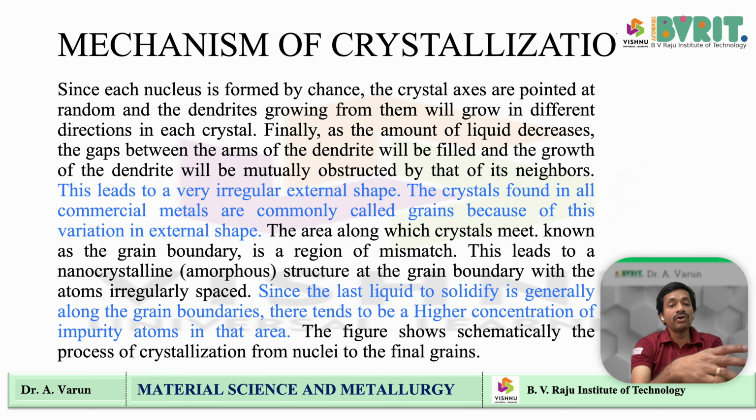So grains are growing along different axes, and from one grain to another, the only difference is in the orientation of their axes. The last thing to solidify is the leftover in the grain boundary. This is a mismatch between one grain and the other, and grain boundaries are the last to solidify.